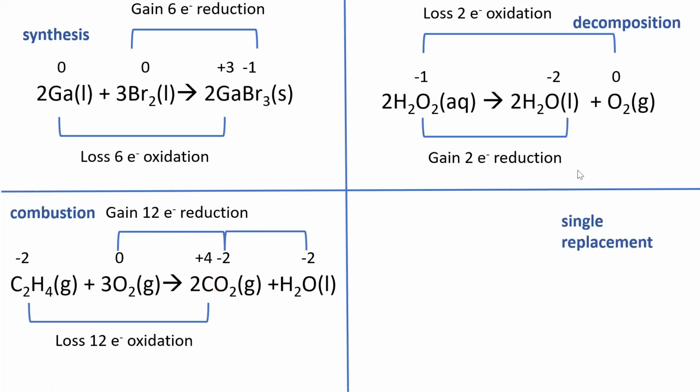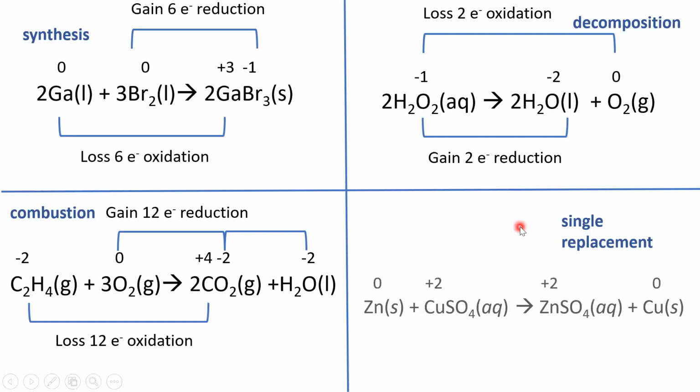And then the last type of redox reaction is a single displacement reaction. A single displacement reaction has some kind of element reacting with a compound, and this element displaces the ion out of the compound. And again, we're going to see that our oxidation numbers are changing from the reactant side to the product side. So our zinc is going from a 0 to a +2.